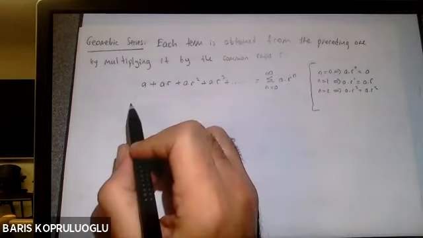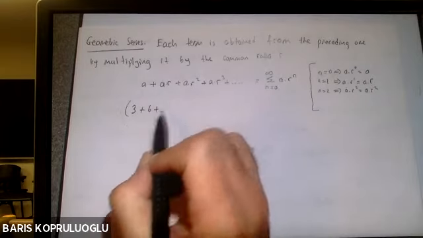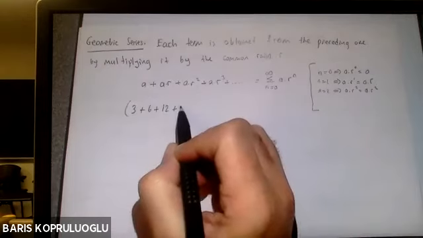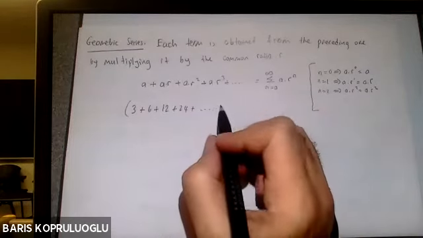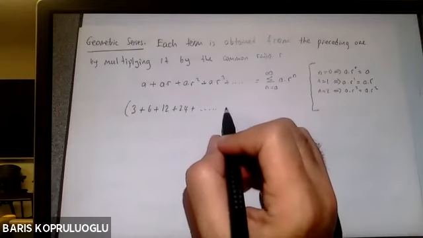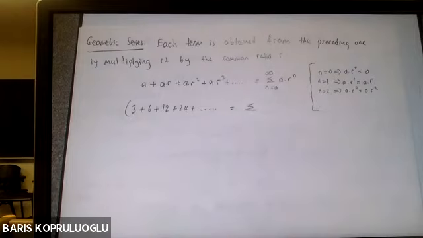So for example, 3 plus 6 plus 12 plus 24. How can we write the general term of this series?